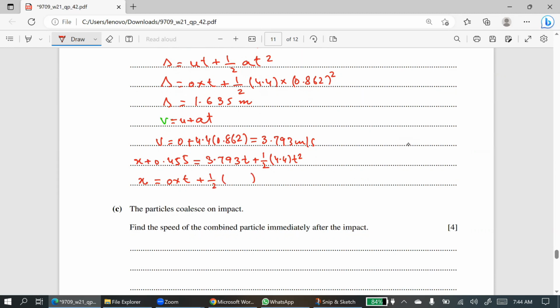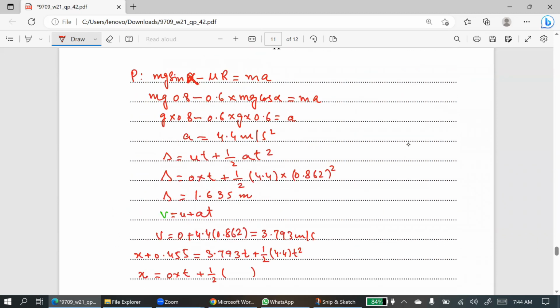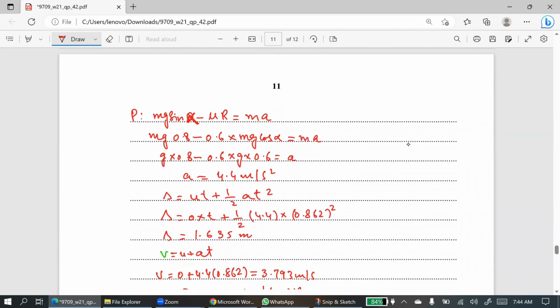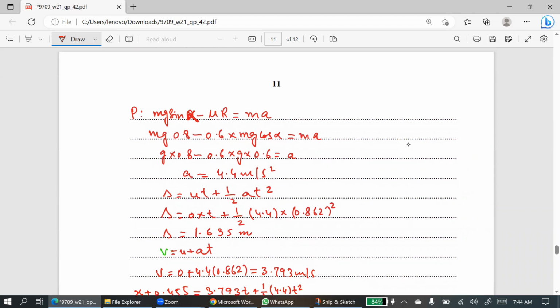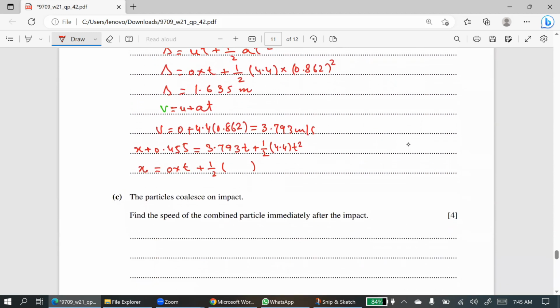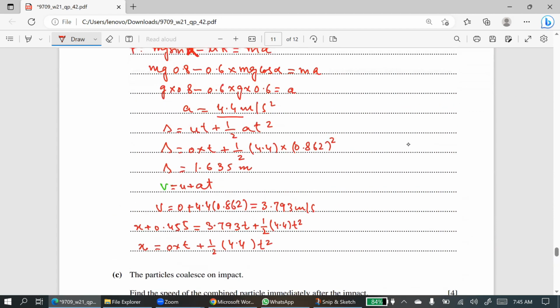The acceleration will be 0.44 because when we calculate the acceleration, 2mg sin theta minus mu R is equal to 2m into a. The 2m will cancel out, so the weight plays no role, and the acceleration will be 4.44, the same as we found for P, into t square. Now we will solve these two equations.